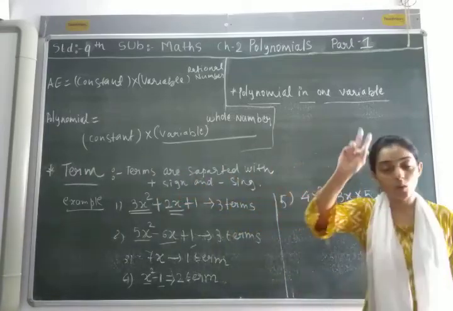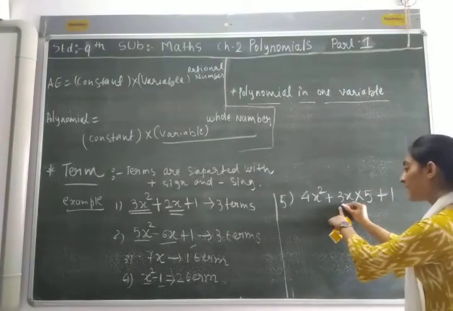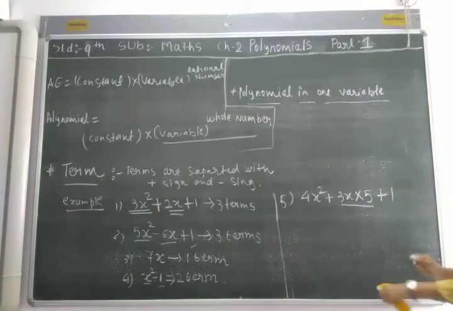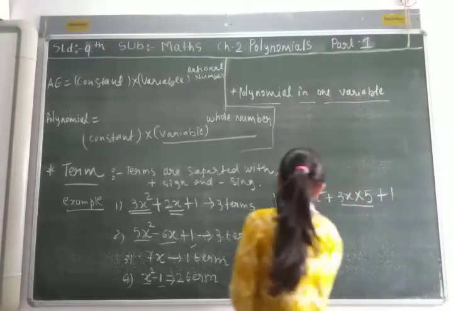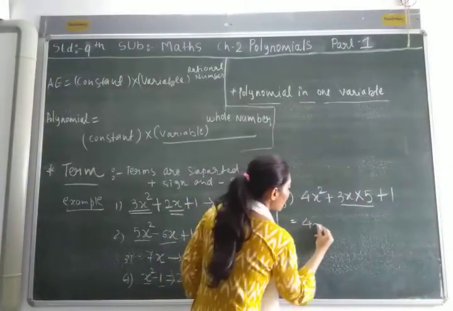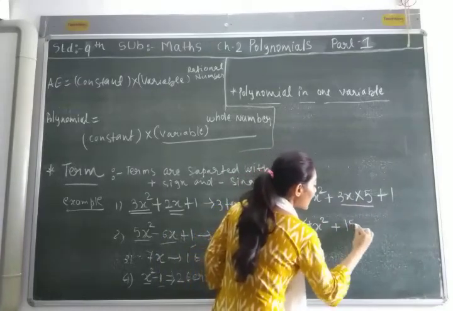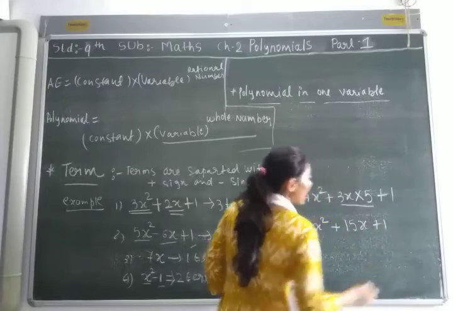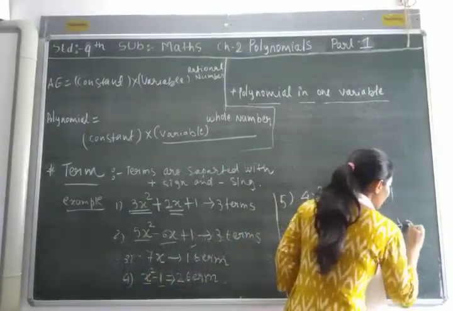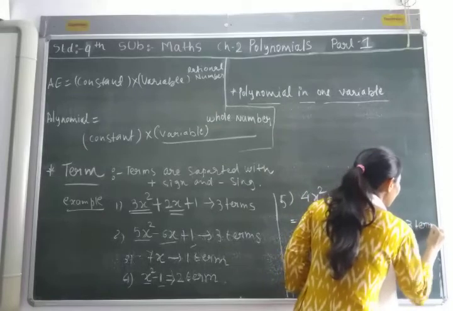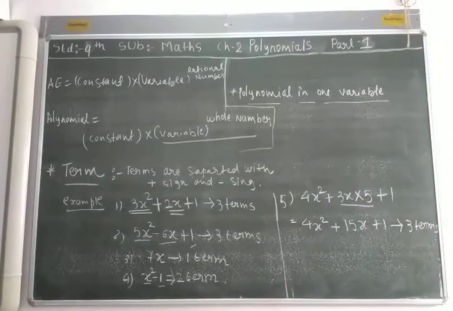So I am taking this 3x into 5 as one term. When I simplify, I get 4x square plus 15x plus 1. Now you can see there are 3 terms only.